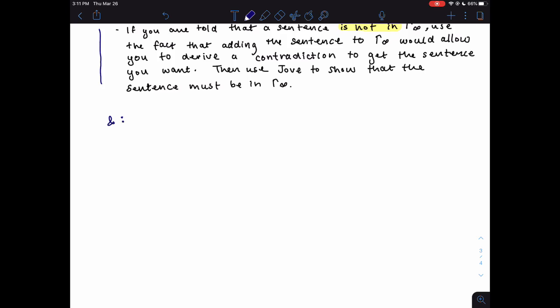The claim is that P and Q is a member of gamma infinity. I switched from S1 and S2 to P and Q just because it's easier for me to keep track of P and Q in my head, but it doesn't matter what meta variables you use. So P and Q is a member of gamma infinity if and only if P is a member of gamma infinity and Q is a member of gamma infinity.